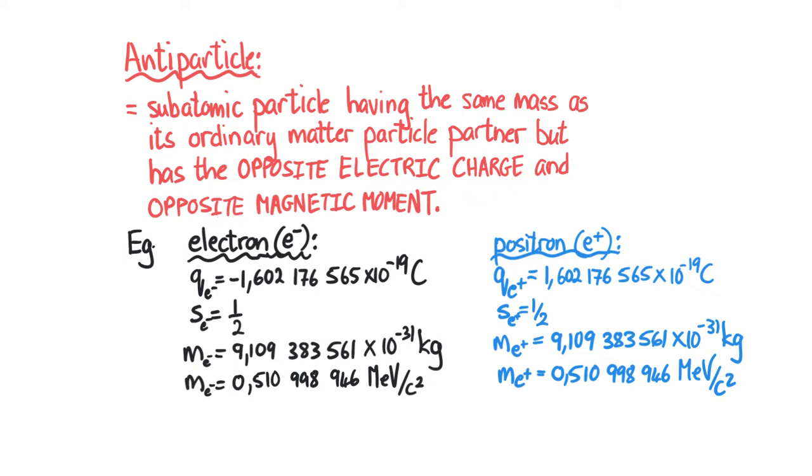We're not really going to work with the magnetic moment, it's related to the spin, but we find that, for instance, the electron has a charge of negative 1.602176565 times 10 to the negative 19 coulombs, and the positron, which is its antiparticle, has the same magnitude of charge, but opposite sign. We see that their spins are the same and their masses are the same. So it's the charge that is the difference.